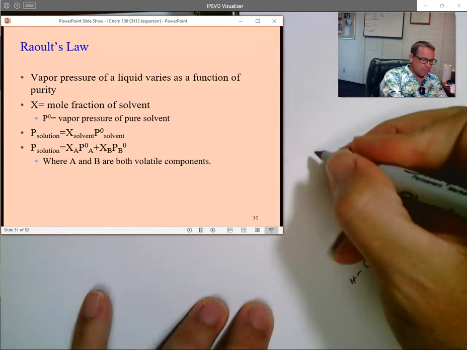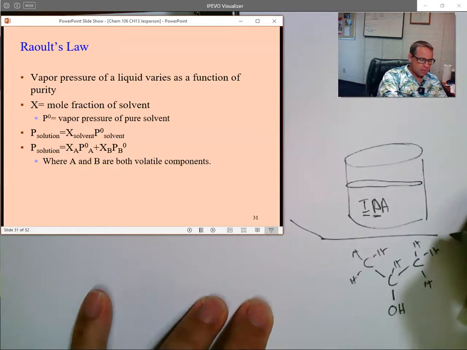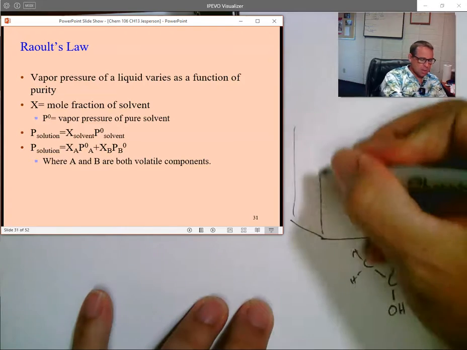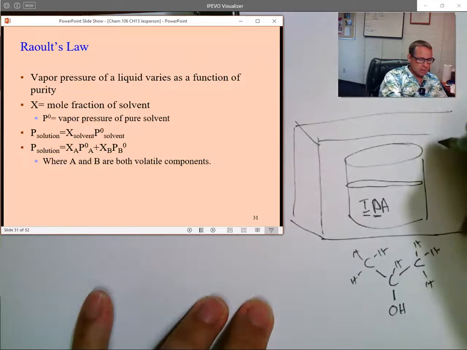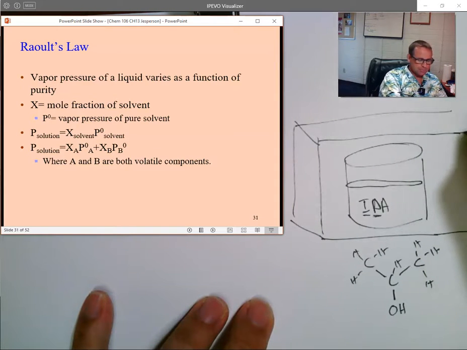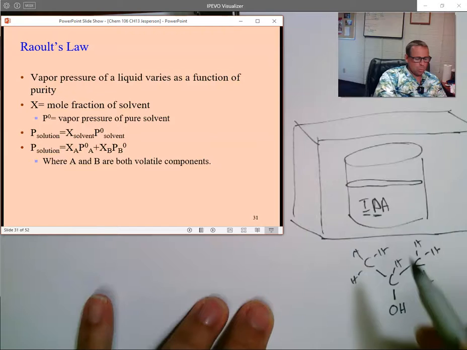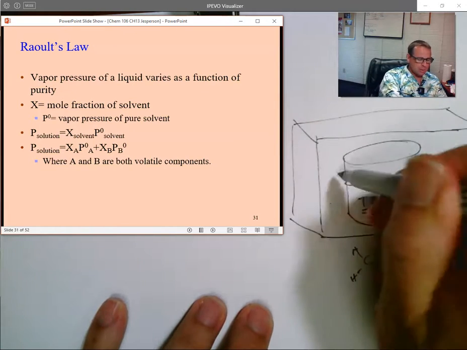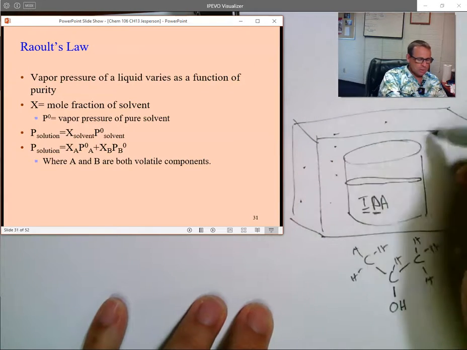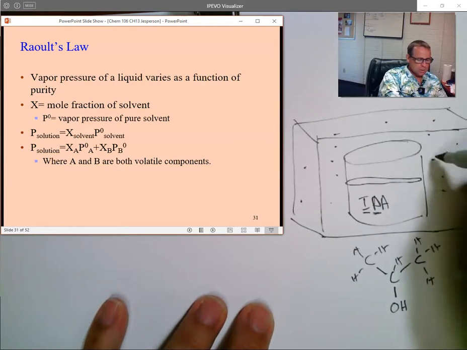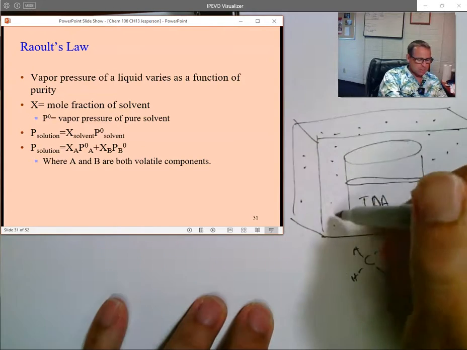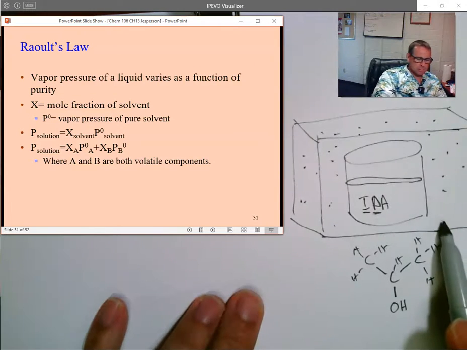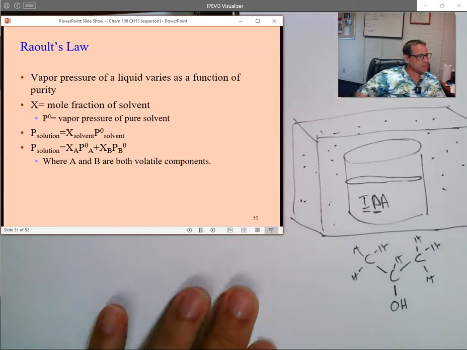If I have a container that is sitting on top of this container of isopropyl alcohol, what does that result in? The evaporated molecules will begin to fill this container, resulting in a property that you get when you have a gas in a fixed container.